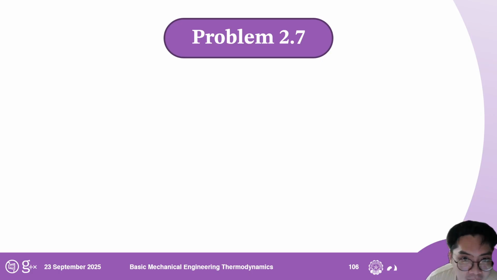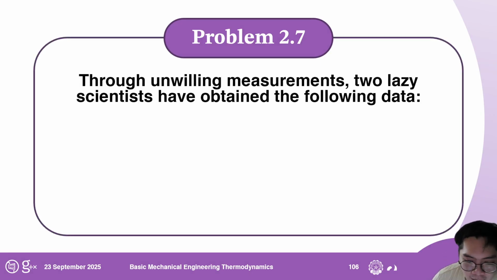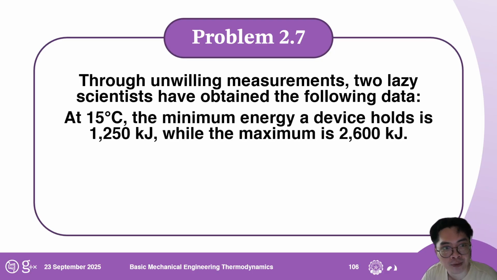To wrap things up quite nicely, here is a question that looks a lot like your diagnostic assessment. Through unwilling measurements, 2 lazy scientists have obtained the following data. At 15 degrees Celsius, the minimum energy a device holds is 1,250 kilojoules, while the maximum is 2,600.